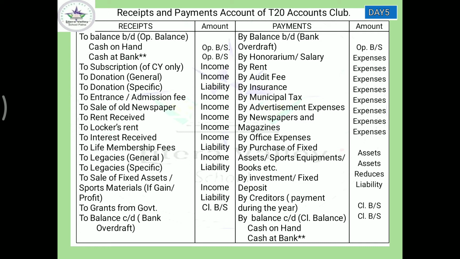I would like to stop here for you. Suppose locker rent total received is 1000 and 200 has been received for the previous year, then how much will be treated as income? Can you answer me?